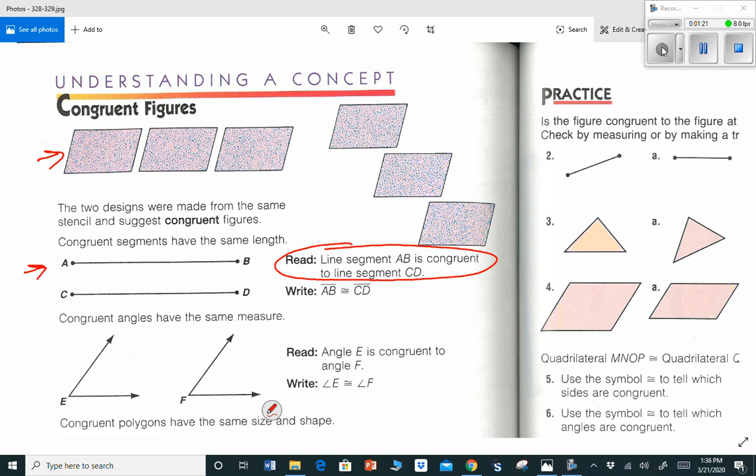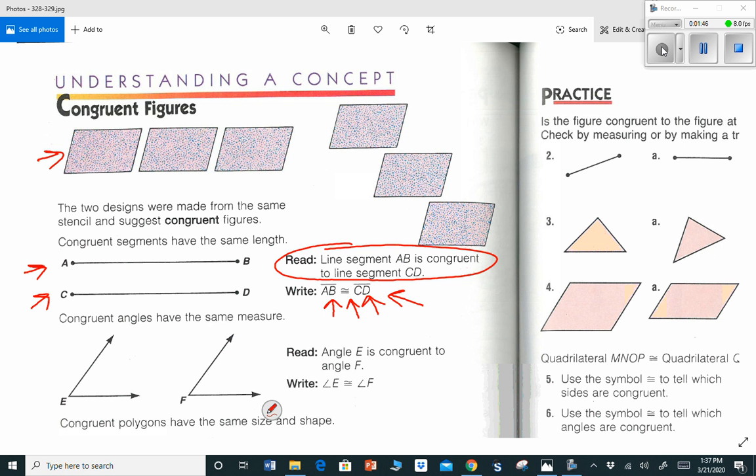Line segment AB is congruent to line segment CD. So if you were saying it, that's what you'd say. If you're writing it, there's a sort of an interesting symbol there. This says line segment AB is congruent to line segment CD. Now, you know I fuss about all of the details of that.